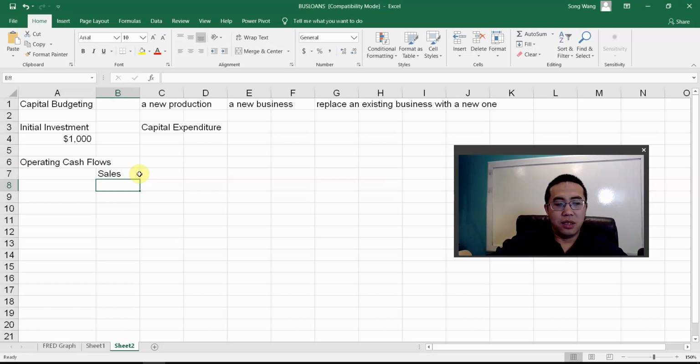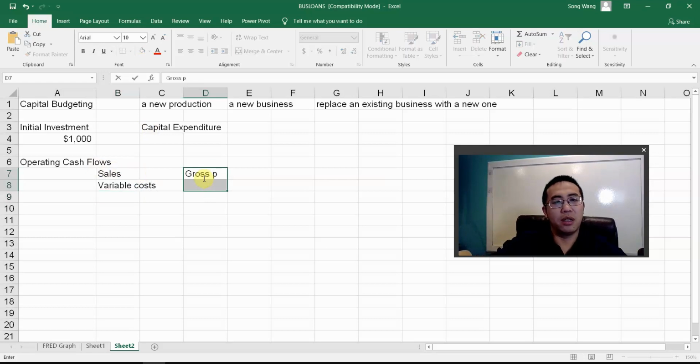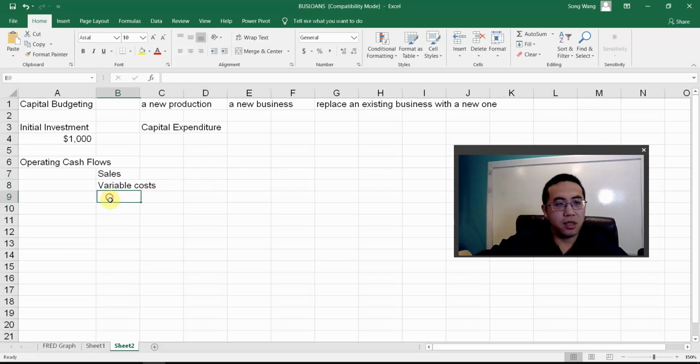And then I need to deduct the variable cost, which is usually associated with the raw materials. And these two would give me a gross profit. Gross profit is sales minus variable cost.